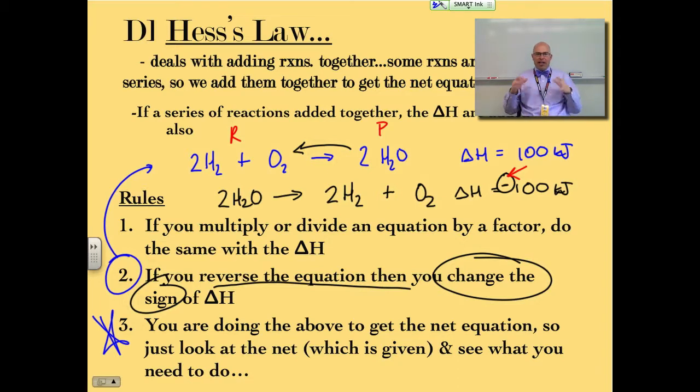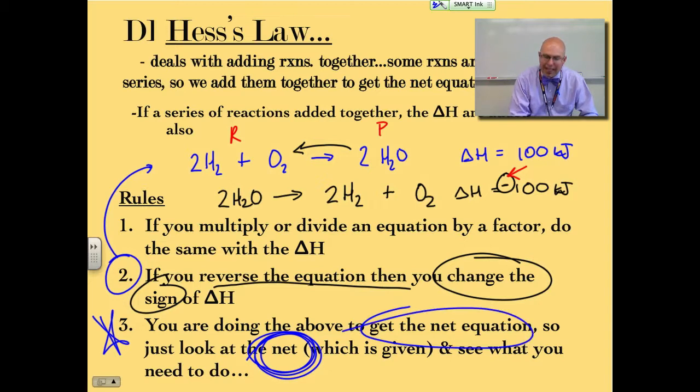Multiply, divide by a factor, reverse the equation in order to get that net. So you're going to be given the net equation, and you will look at the initial equations to see what do I need to do to make that net happen. So those are the rules for Hess's law. We'll give you an example on the next set of videos.